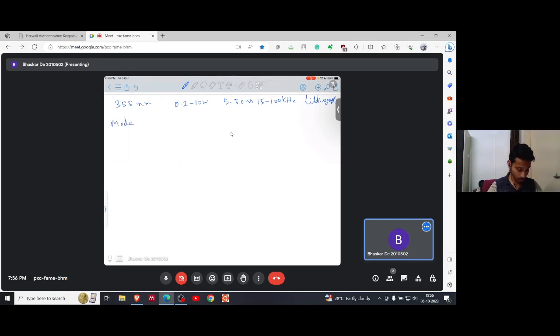Now we'll go to mode-locked lasers. 800 nanometer, power is 0.5 to 20 watt, 100 femtosecond pulse width, 80 megahertz repetition rate. Applications: multi-photon imaging, optical coherence tomography.